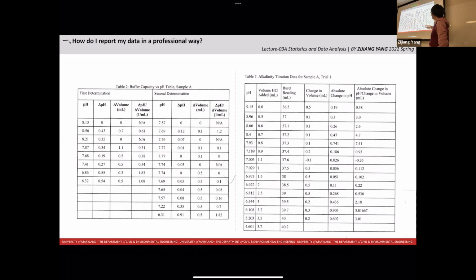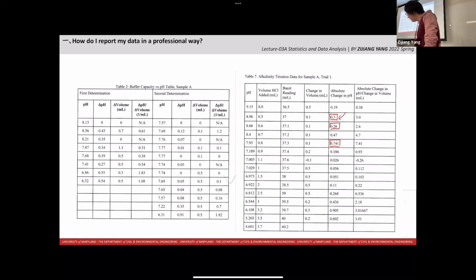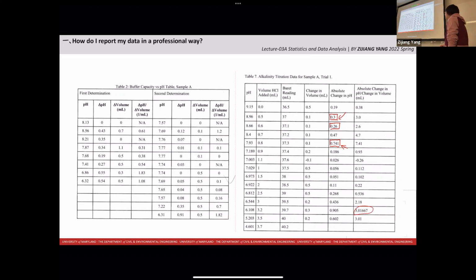But for this one, something is inconsistent. It has only one significant figure here, but this one has three, and I think we have even more. So this is not good. When we are doing the homework, we need to take care of the significant figures and make sure they are consistent.